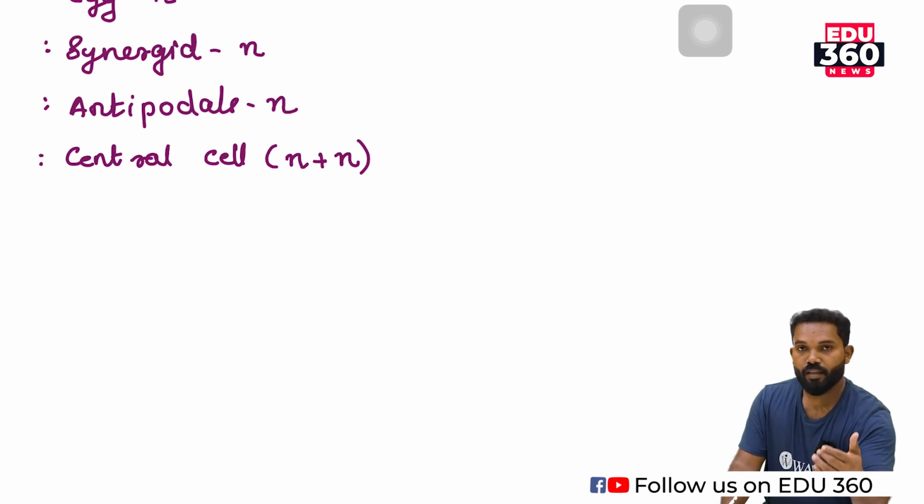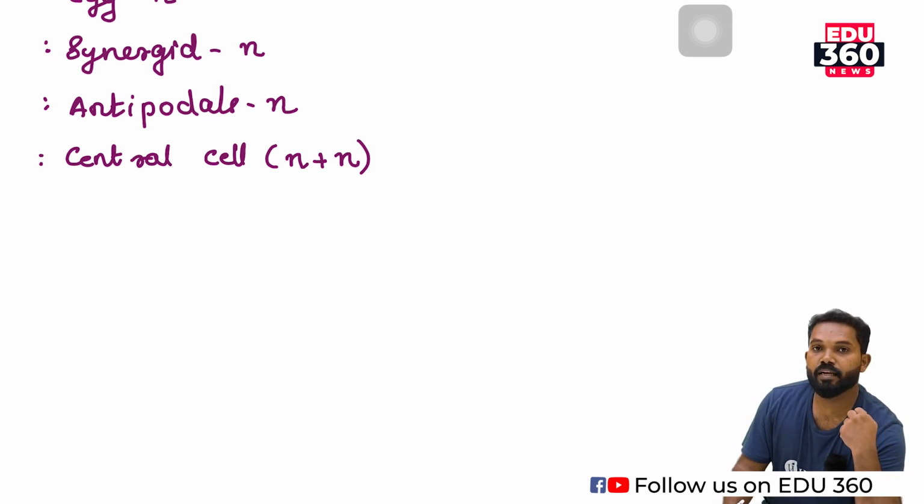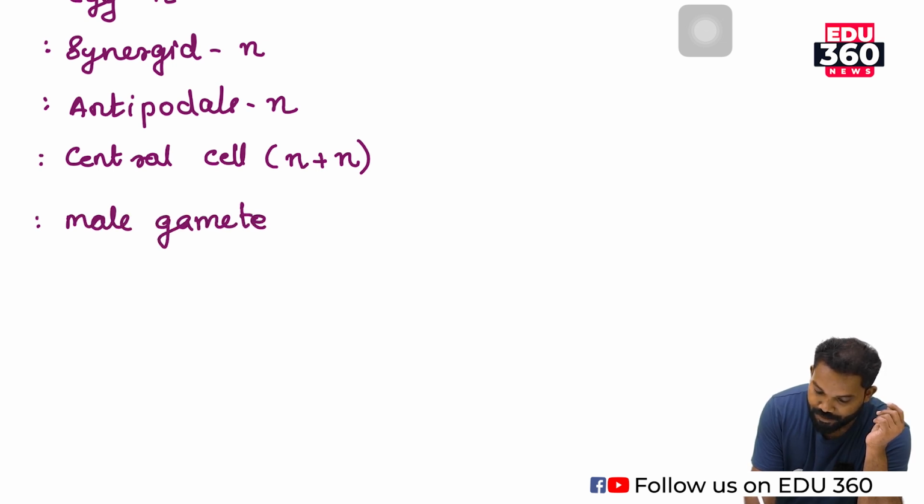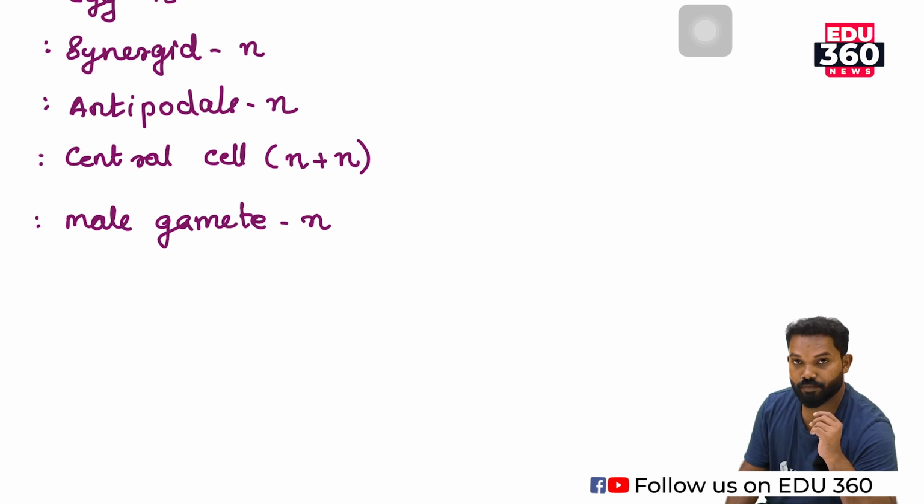And after the pollination, the male gamete that is released into the embryo sac, that male gamete or male nucleus is also haploid in nature. That means before fertilization, all the cells are haploid in nature.